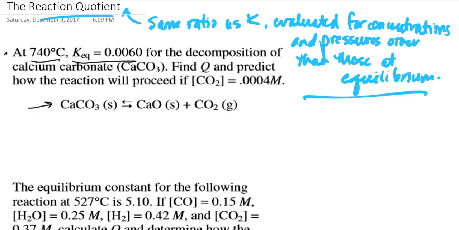We're given the chemical equation for the decomposition reaction of calcium carbonate. They're asking us to find the reaction quotient and predict how the reaction will proceed if the carbon dioxide molar concentration is 0.004 molar. And so the first thing I should do is write an expression for the reaction quotient.